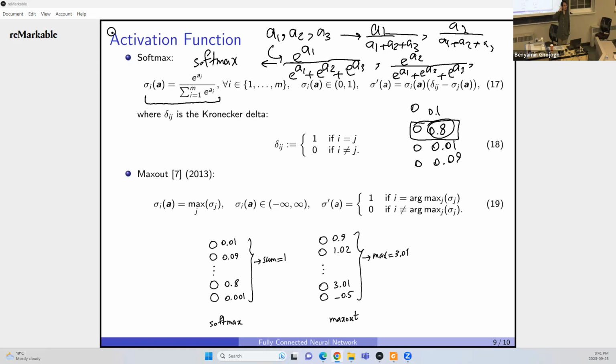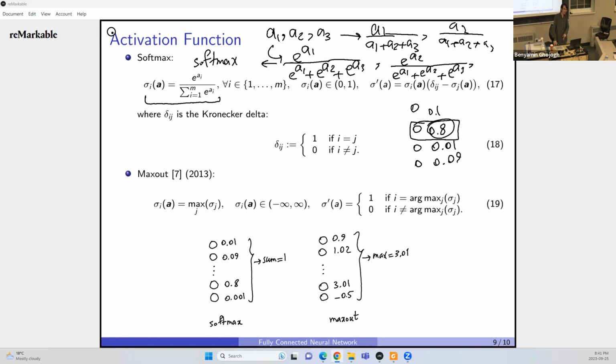What other activation function can I use rather than softmax for binary classification? Yeah, choosing the maximum of output is always used for classification, okay, in the test phase. But I'm saying that I'm talking about the choice of activation function.